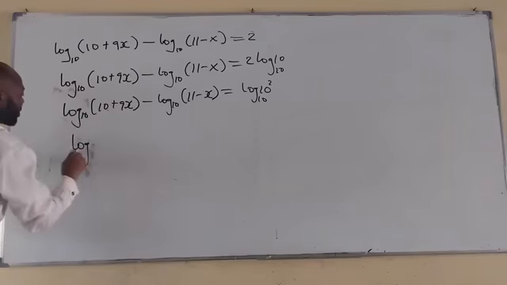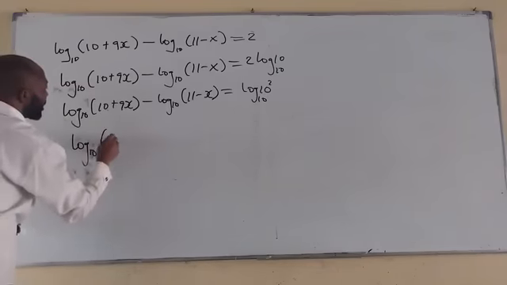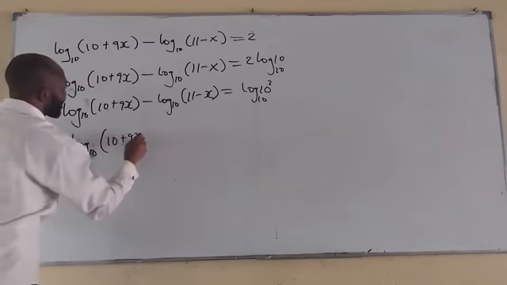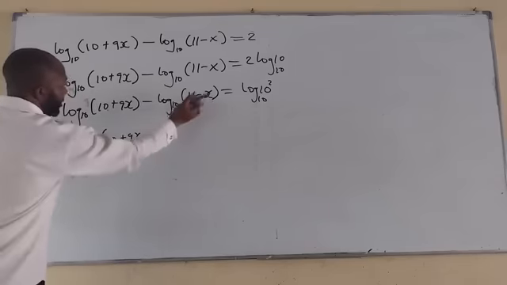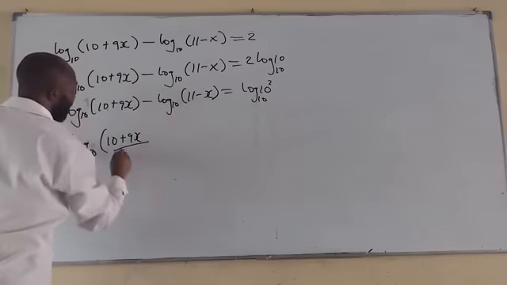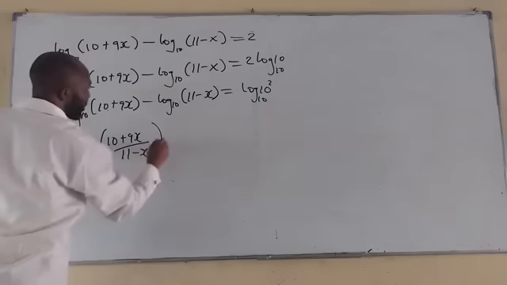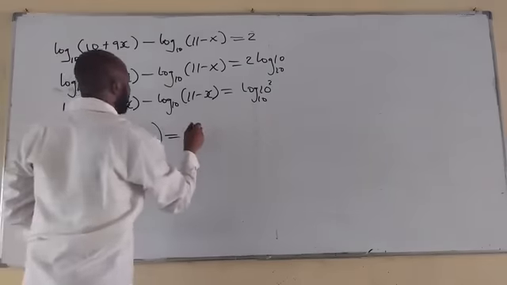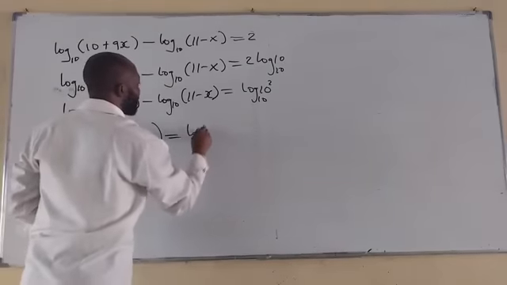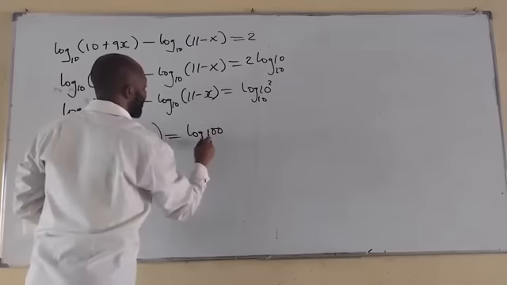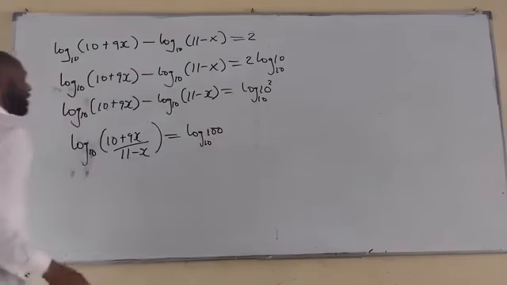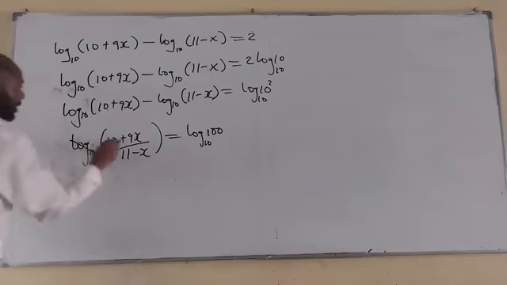So now I can combine: log in base 10, open bracket, 10 plus 9x divided by 11 minus x, close bracket, since the minus sign means divide, is equal to log in base 10 of 100, because 10 squared is 100, so I can cancel the logs.